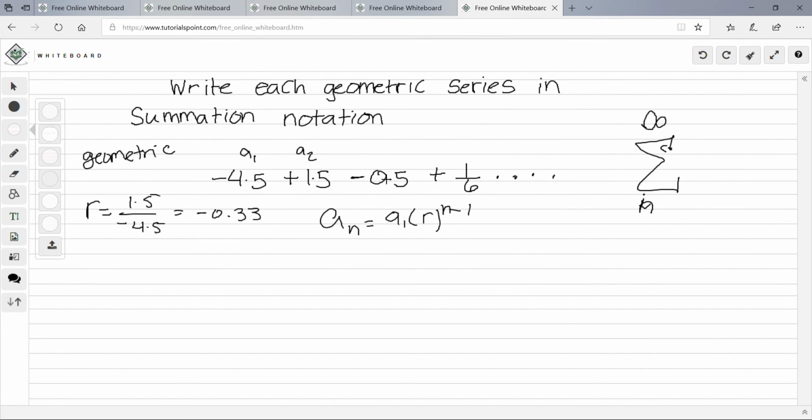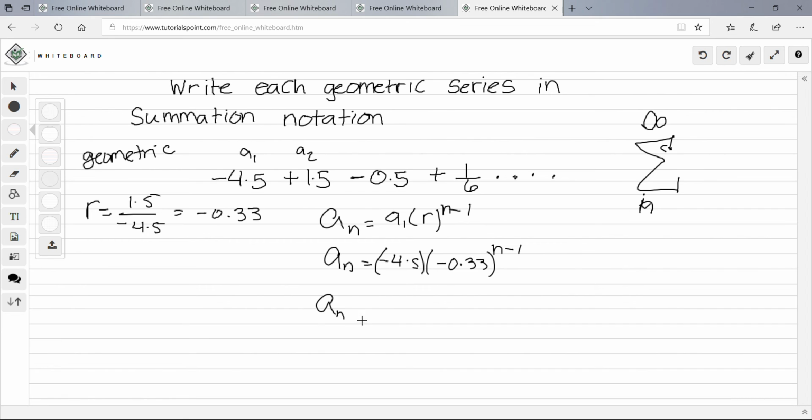We have the first term, which is negative 4.5, and we know our ratio, which is negative 0.33, and then raise it to the n minus 1. So that's our formula for the nth term.